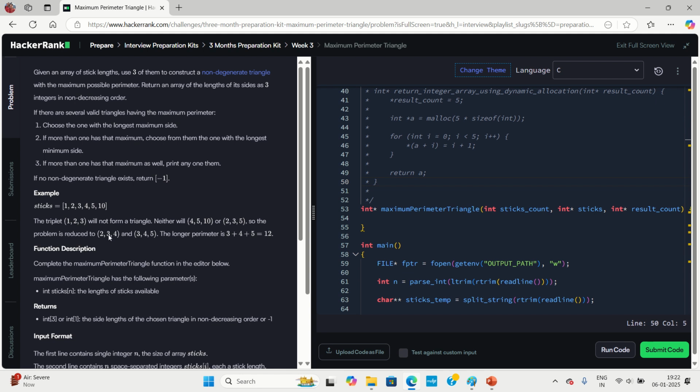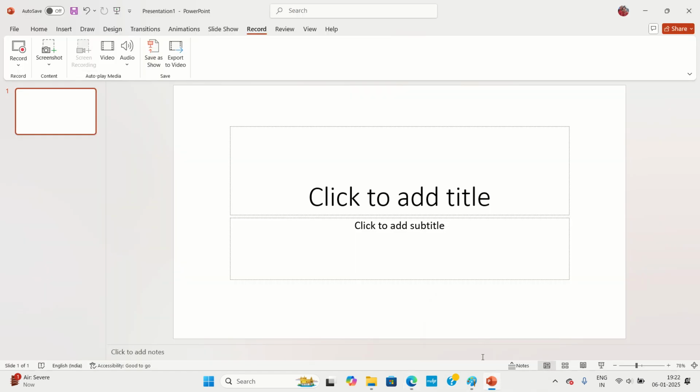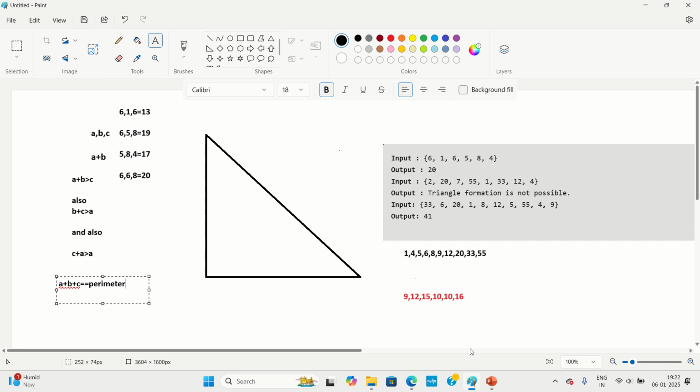So here 2 plus 3, 5 is greater than 4. Fine. Okay. Now that is not all. B plus C should also be greater than A. Means that whenever we add any two sides of the triangle, it should always be greater than the third side, right? So then it is a valid triangle.